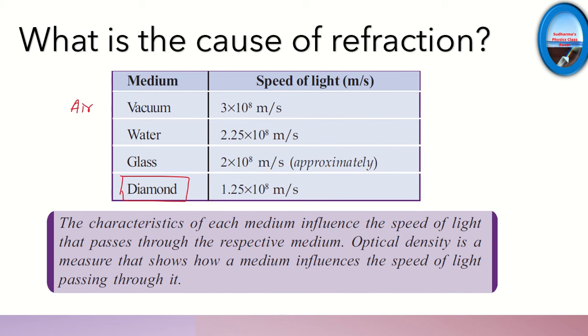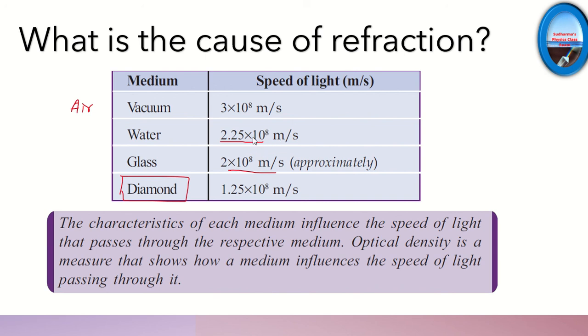So the cause of refraction is, you just observe this table here. The speed of light in air or vacuum is 3 into 10 power 8 meter per second, and the speed of light in water is 2.25 into 10 power 8 meter per second, and in glass it is 2 into 10 power 8 meter per second. These values will be by heart for us by the time we finish this chapter, because we will be using these values multiple times throughout the chapter.